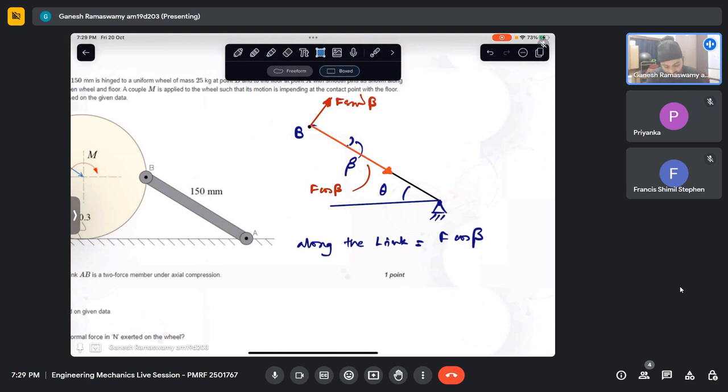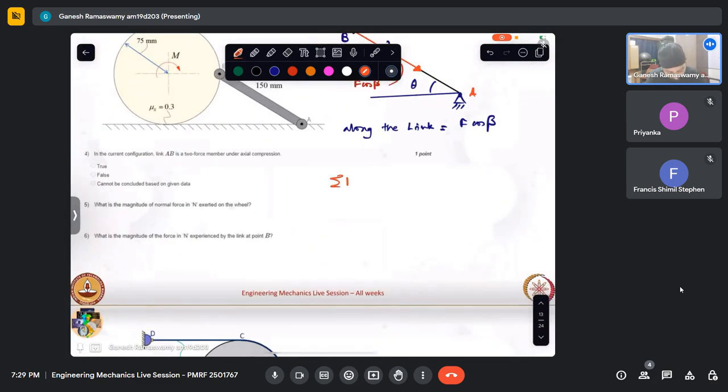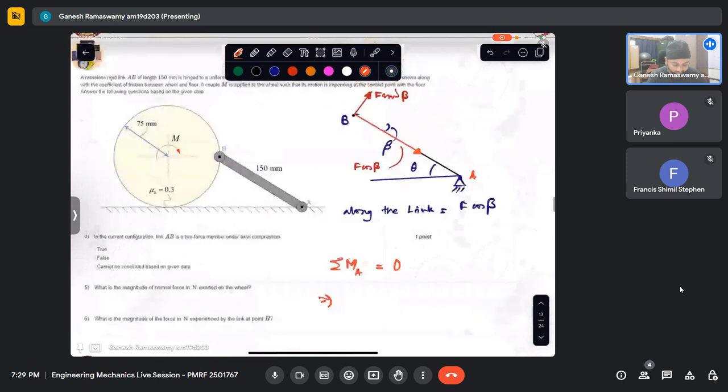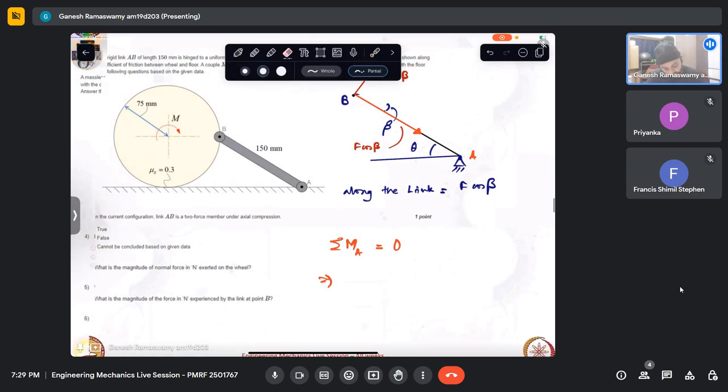Let me take moment about A. And this is in equilibrium, so I equate it to 0. So what does that give me? I can clearly see that the force that is passing through the axis does not contribute. Only this would have to contribute.